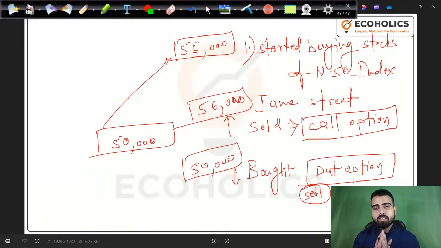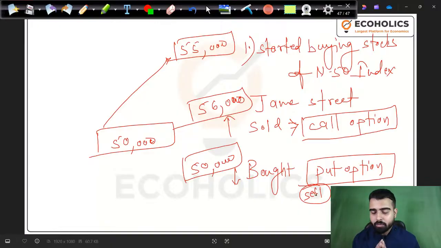It means what they are saying, for example, they pumped a huge amount of money, they raised the stock. Now they are holding a huge amount of Nifty 50 stocks. Now they took different kinds of stances in the F&O segment. They manipulated the price in the cash segment via this pumped money buying. And now they bought the put option in the F&O segment, and they sold the call option.